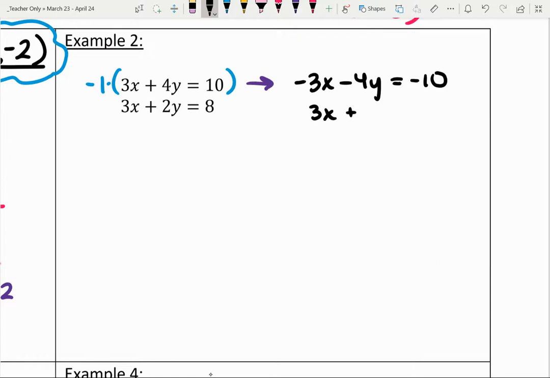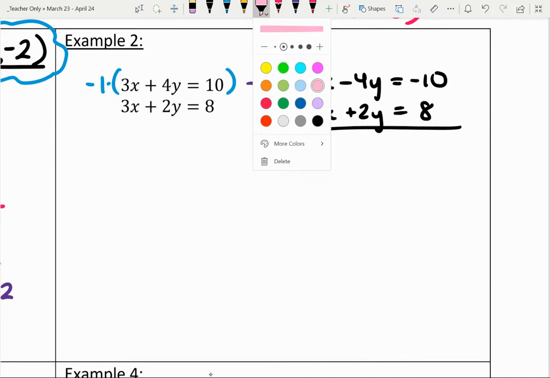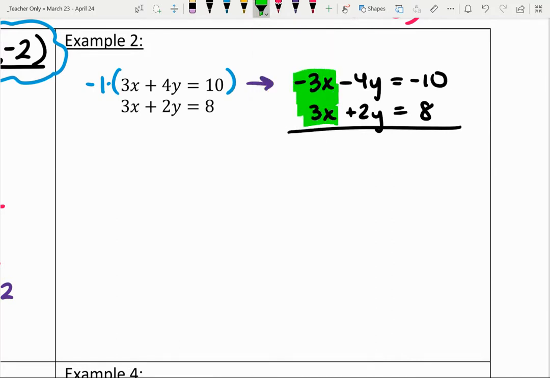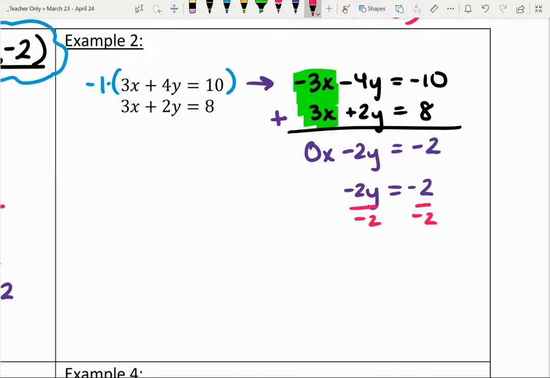And then when I think about combining that with my second equation, now we've got that zero pair that we've been looking for. -3x and +3x are going to cancel out nicely. So we add, again, our like terms. I'll get 0x minus 2y is equal to -2. -10 plus 8 is -2. But really, that's just -2y is equal to -2. And after dividing both sides by -2, we get y is equal to 1.